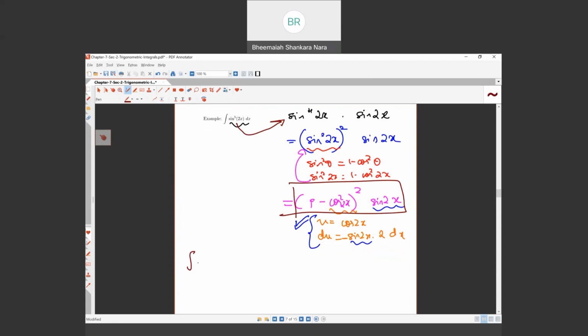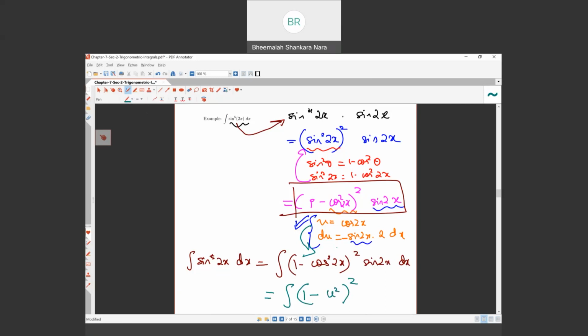Integral sine to the 5 2x dx, the given problem, was rewritten as 1 minus cosine square 2x, squared, times sine 2x dx. And the best substitution here is cosine 2x is u. When I use this substitution, I can rewrite the problem as integral 1 minus u square, with one more square outside.